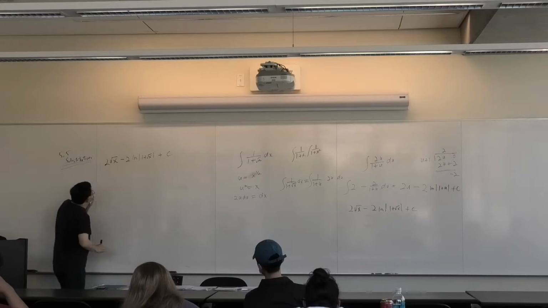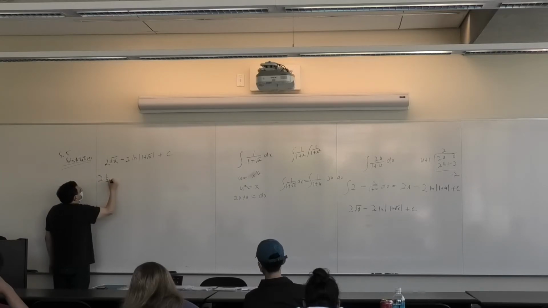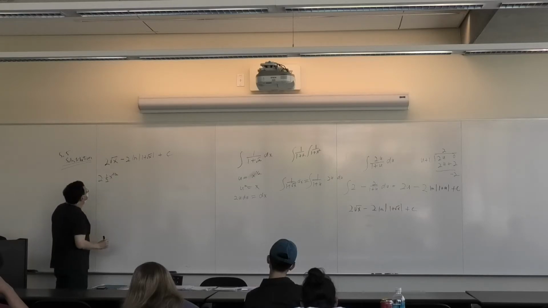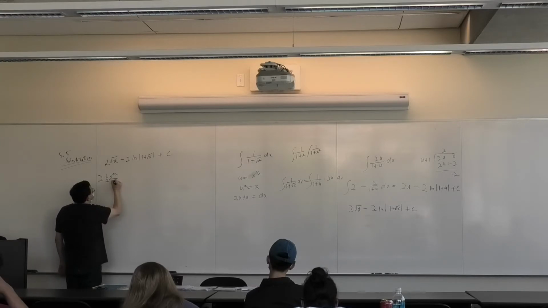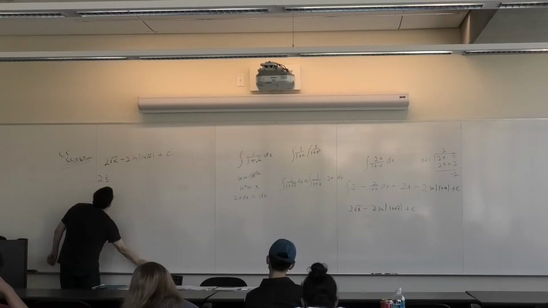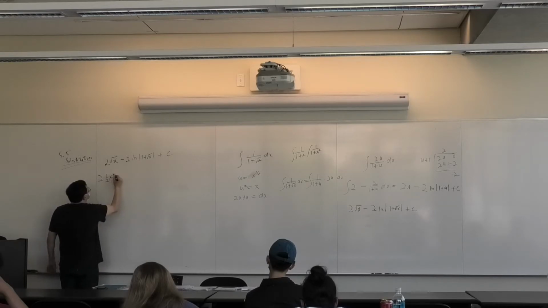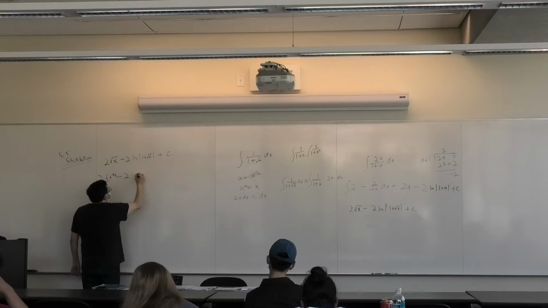So, okay, 2 times the square root of x, the derivative is 2 times 1/2 times x to the 3/2 divided by 3/2. Wait a minute. Minus 2 times 1 over 1 plus the square root of x.